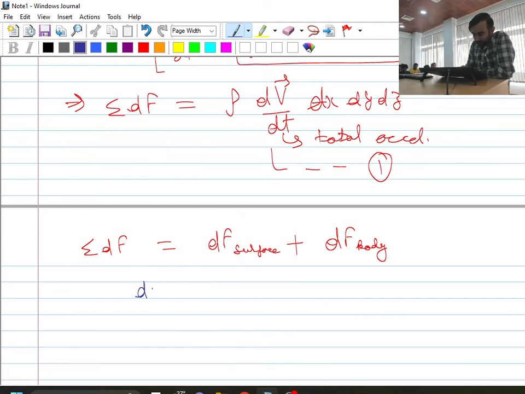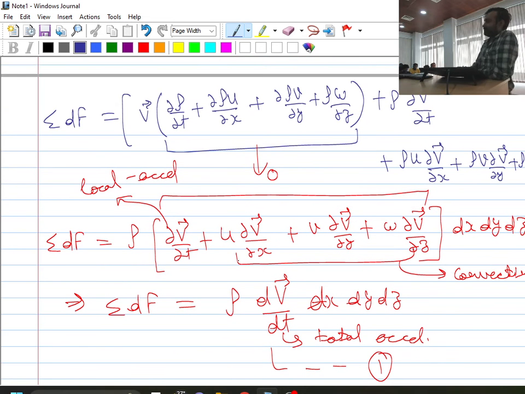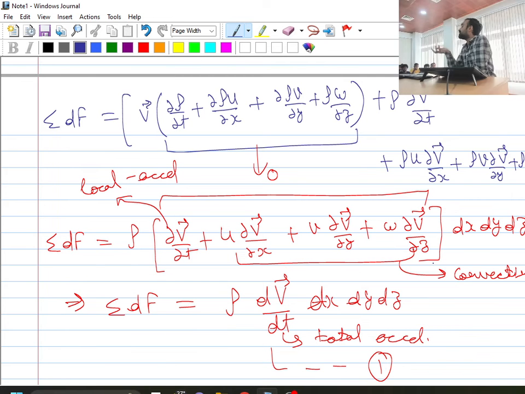So, sir, but can you explain the two types of acceleration? So in this term, this is representing the acceleration which is because of the spatial change in the flow parameter. If velocity changes in the x direction, y direction or z direction, whatever effect is caused by that on the acceleration of the flow, that we call convective acceleration.